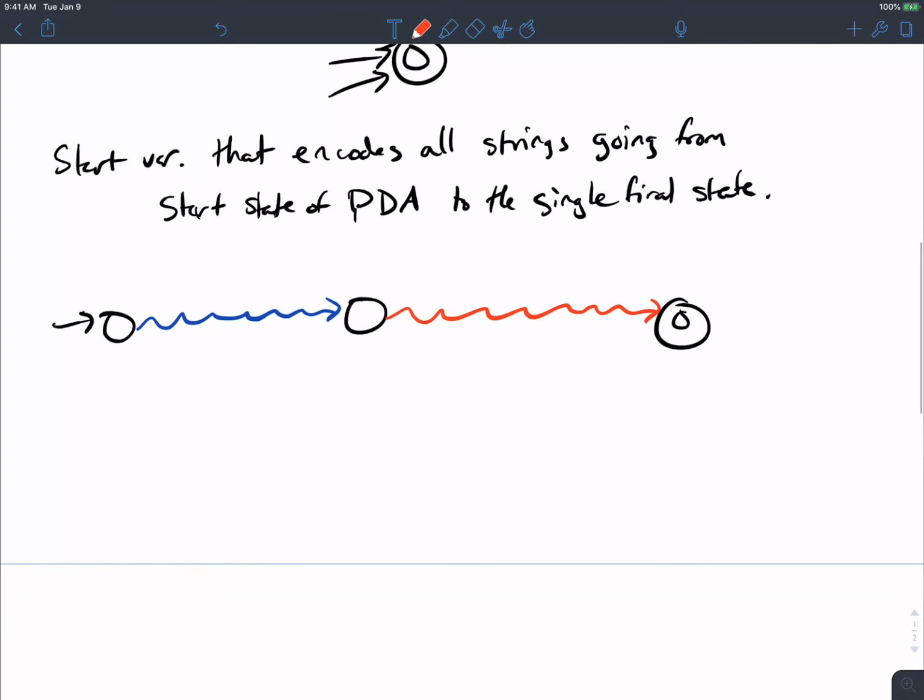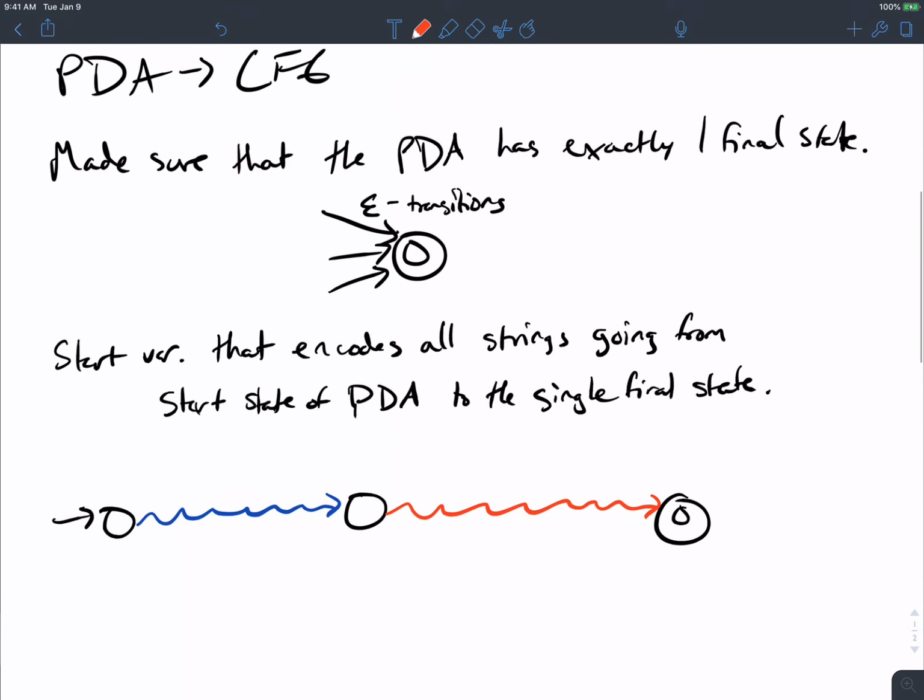So we need to be able to say, well, if we go from this start state to this middle state with the same contents of the stack at each point, and then from the state in the middle to the final state with the same contents of stack, then everything carries through. Because if we have the same stack contents, we'll do the right thing anyway. We'll make the right choice to go to the final state because it's non-deterministic.